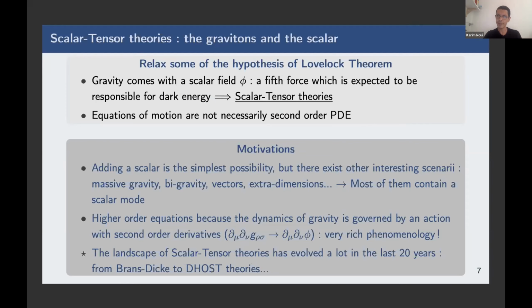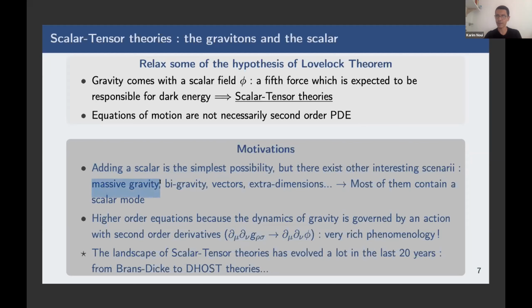So once again, why are we considering this kind of modification of general relativity? The motivations are manifold, but as I already said, adding a scalar is certainly the simplest possibility to consider a modified theory of gravity. But there are also many other interesting scenarios. Michael talked about massive gravity.